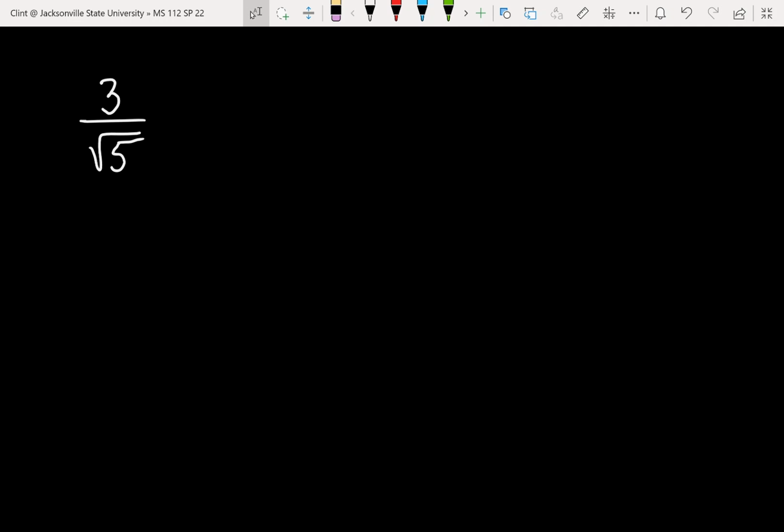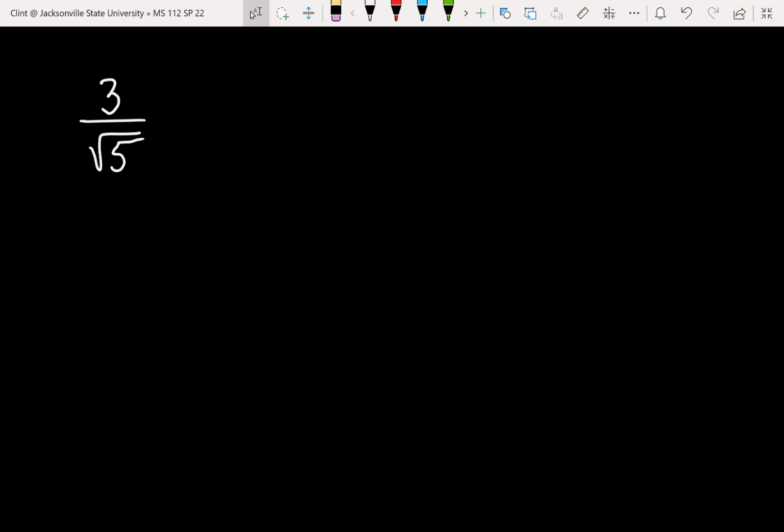Rationalize 3 over square root of 5. So our goal: we want to rewrite this thing. We don't want to change the value, but we want to rewrite it somehow where we don't have a radical in the denominator anymore. Square root in the bottom, square root of 5.